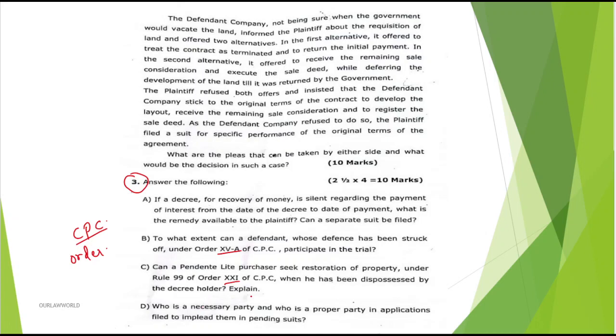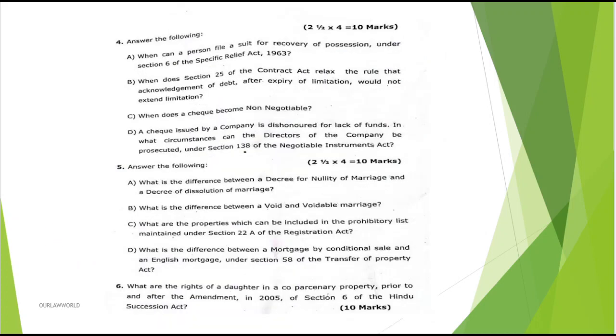There are a lot of orders given in question format, so it's important to carefully refer to orders from the mains point of view. The next one is the Specific Relief Act 4A, and B is regarding limitation, and C and D are negotiable instruments.